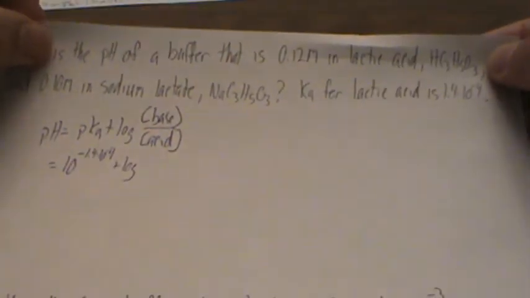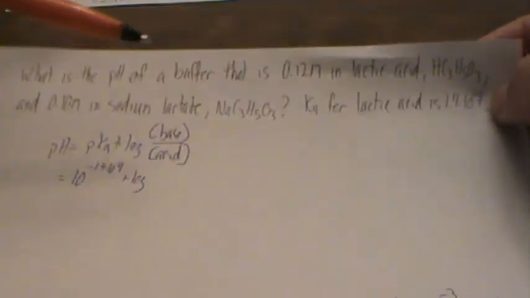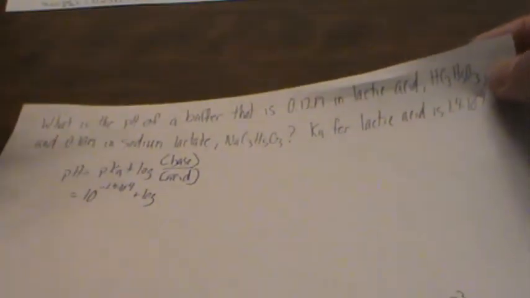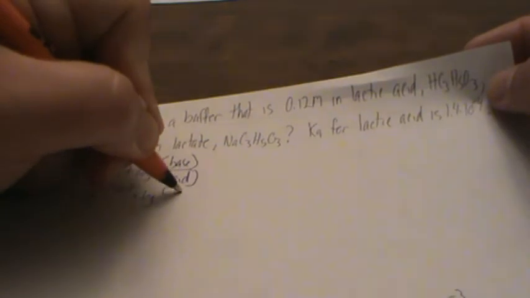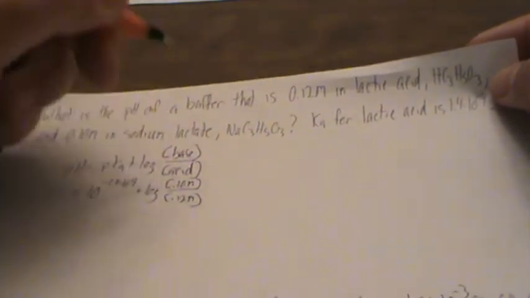Now, which one is our base? Well, we have lactic acid and sodium lactate. So lactic acid is going to be our acid. Sodium lactate is going to be our base. So we're going to have 0.1 molar over 0.12 molar.